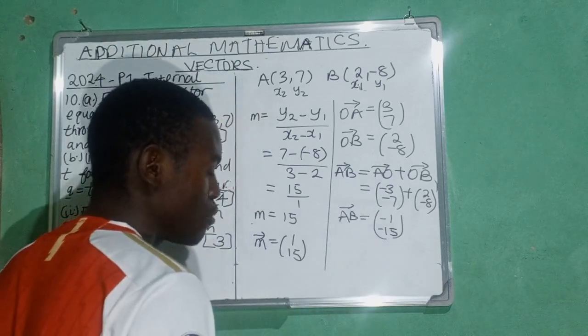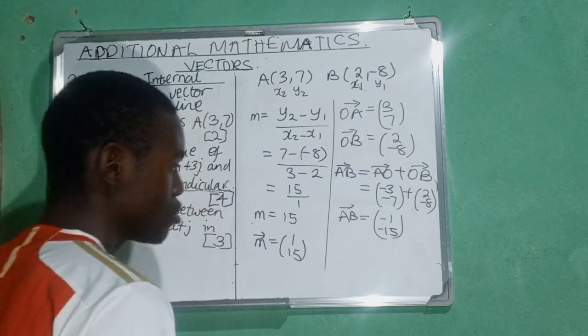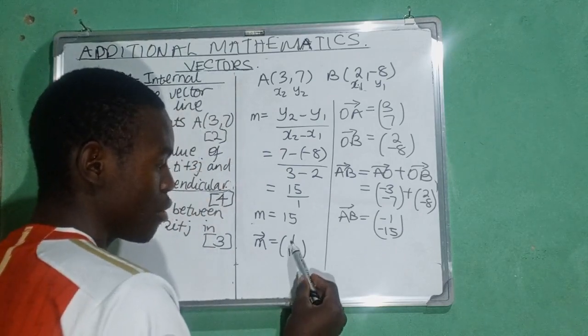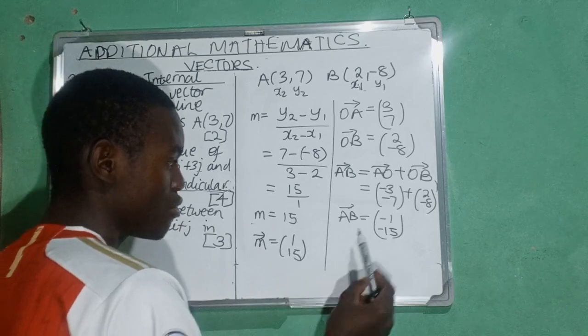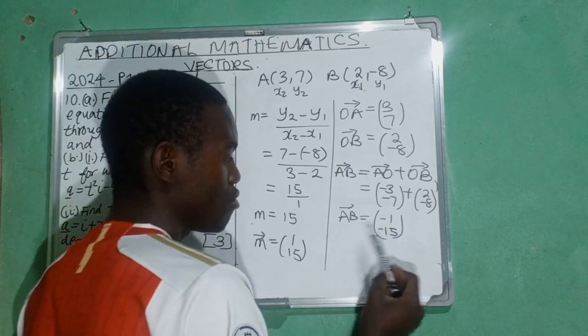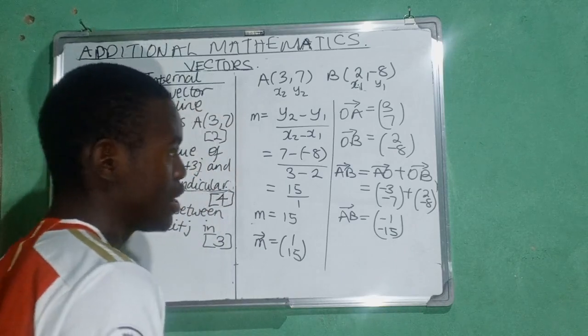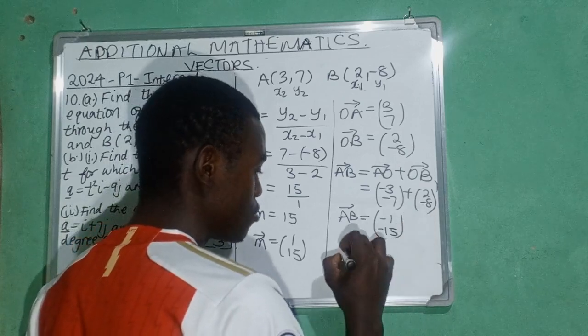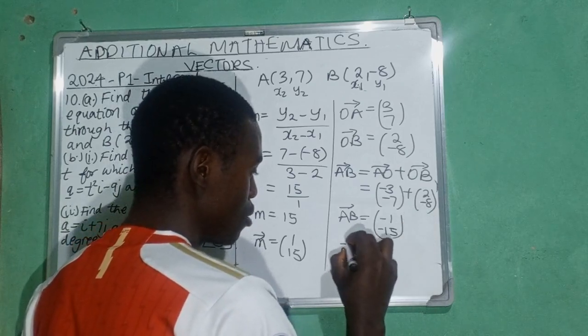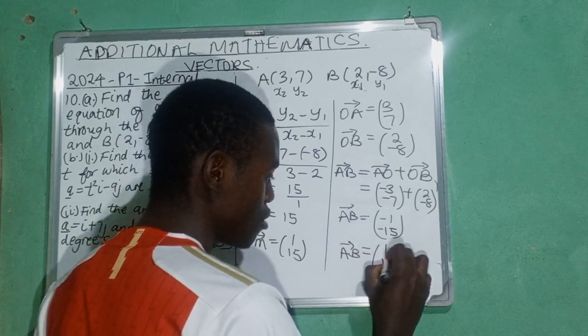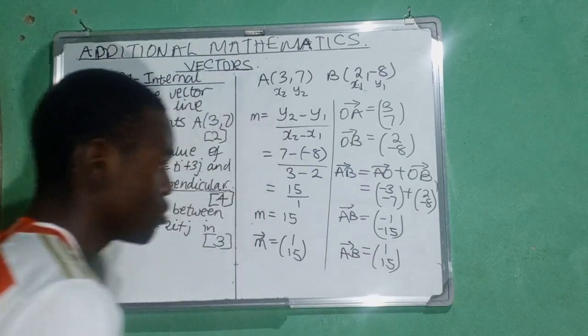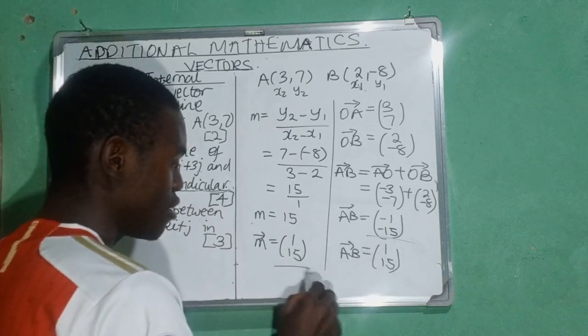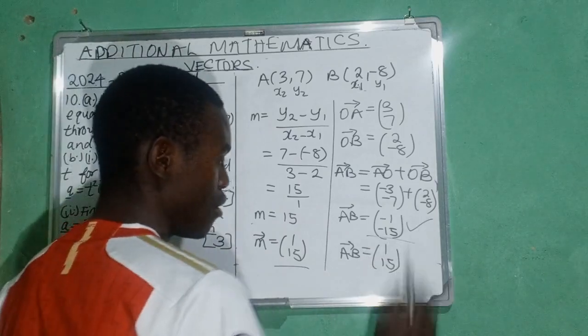So here both 1 and 15 are positive, and here both 1 and 15 are negative. What you can just do is multiply throughout by negative 1, so AB will also be equal to (1, 15). So finding this and finding this is okay.